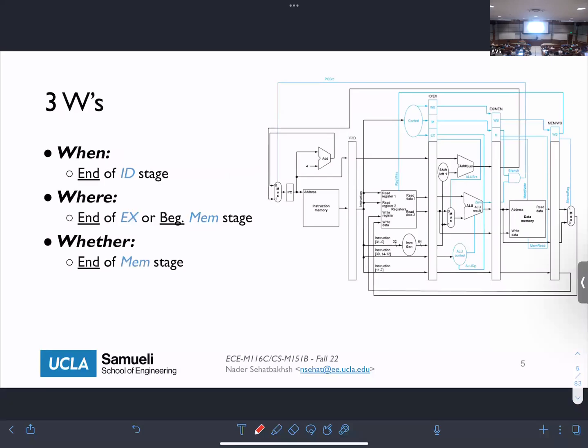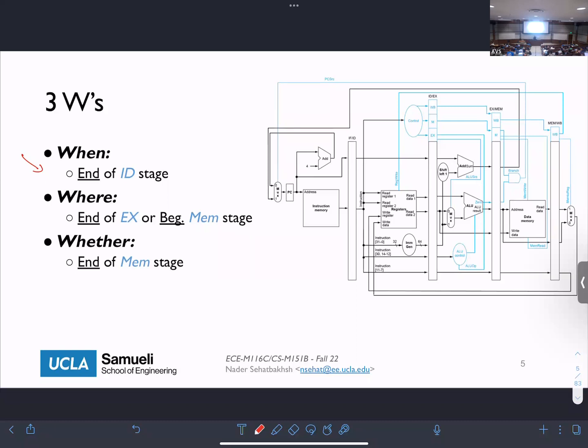We said that we need to think about 3 things in branches: whether the branch is taken or not, if it's taken, where does it jump to, and when do we know that this is indeed a branch instruction, because for all the other instructions we don't need to do anything. The answer was, at the end of the decode stage, obviously we know that this is a branch because our controller has decoded it and looked at the opcode.